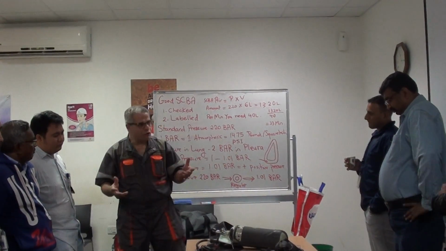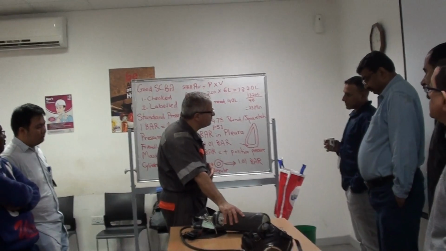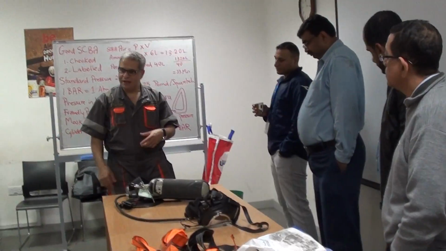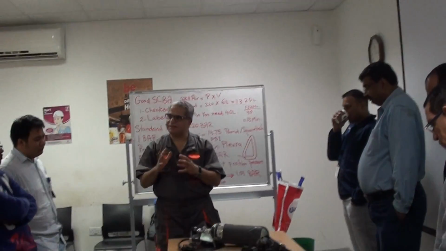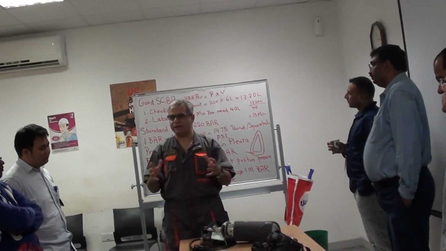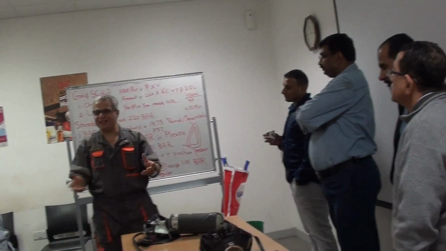So how can I accommodate so many liters of air in this apparatus? The only method is to compress the air inside using the compressor. I fill the first 6 liters at 1 atmospheric pressure, at 1 bar. Then I need to fill another 6 liters.